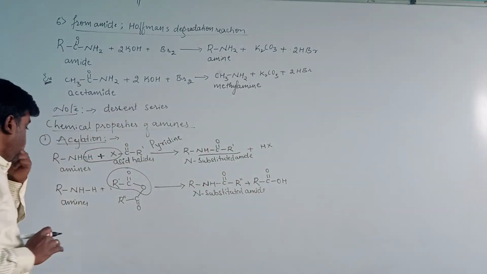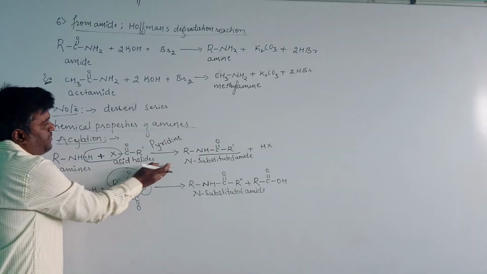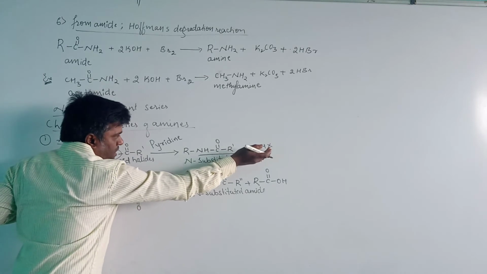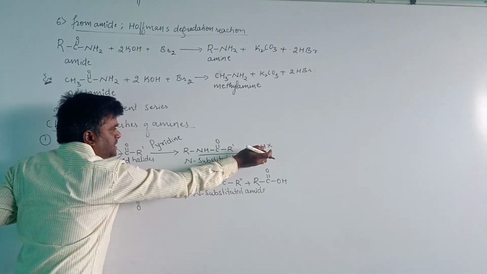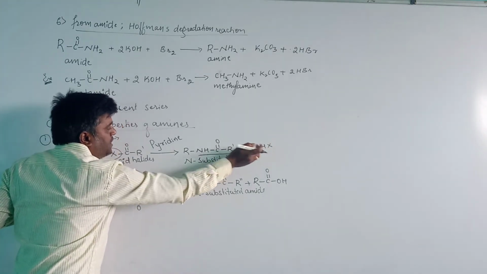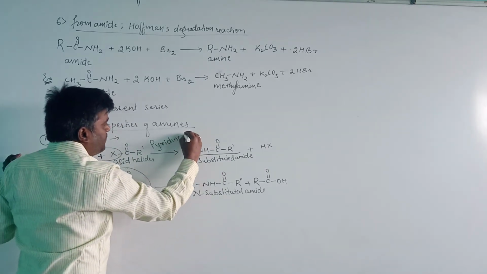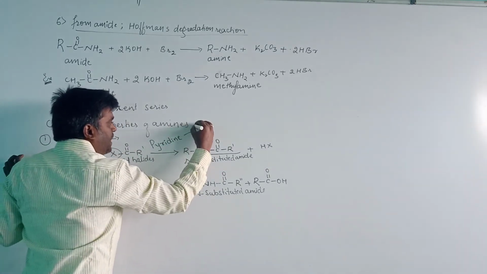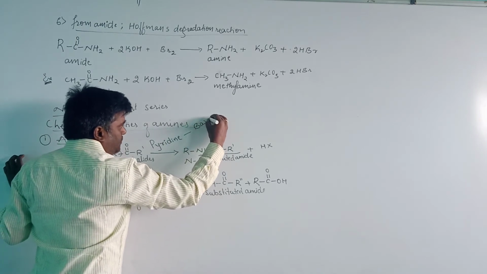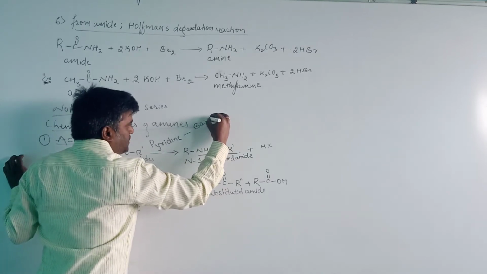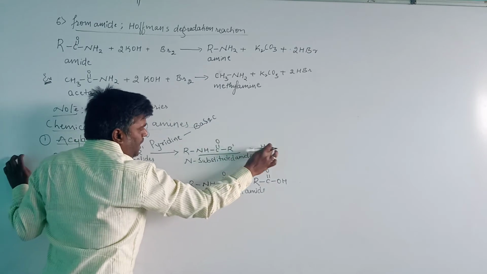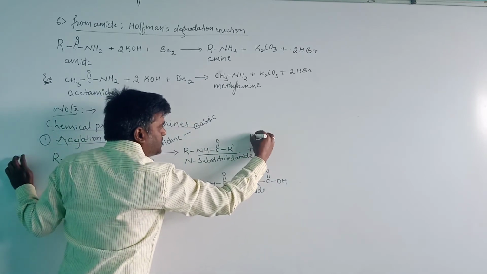In this reaction, the hydrogen halide byproduct is acidic in nature, and the pyridine is basic in nature. It will show the basic character, and the hydrogen halide the acidic character.